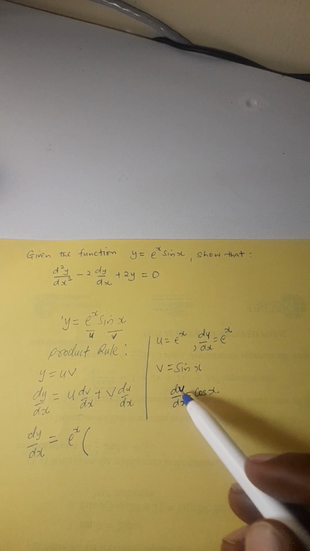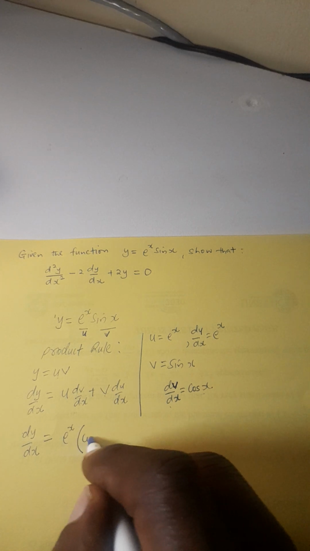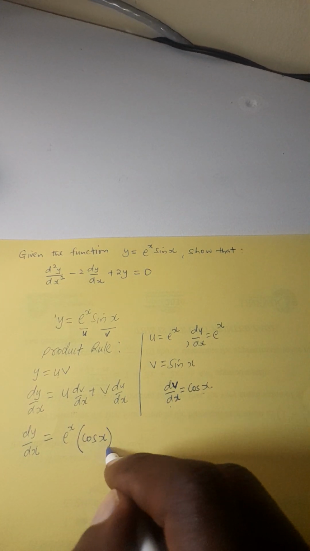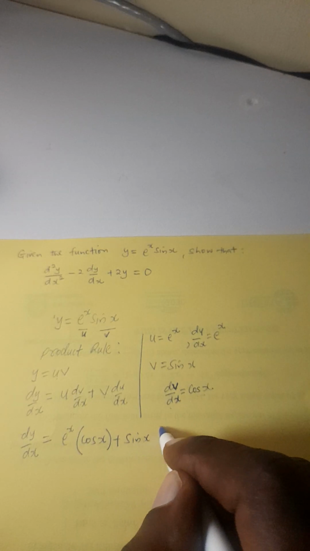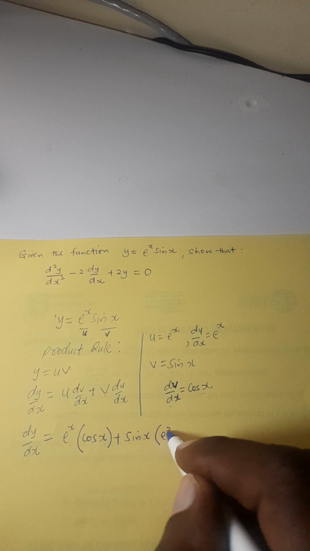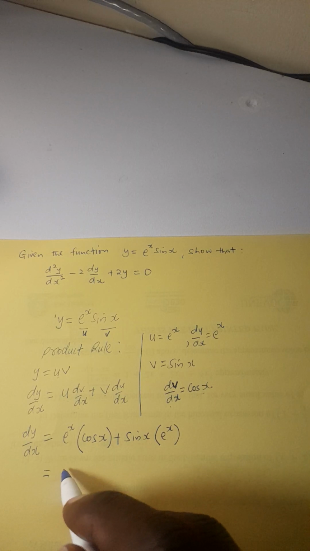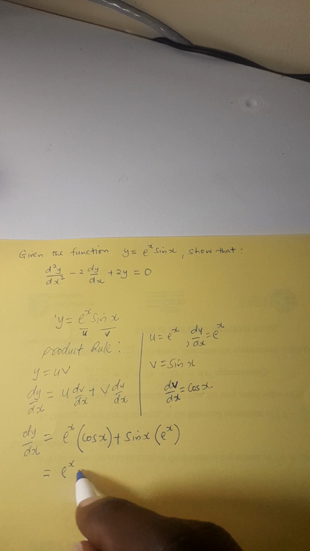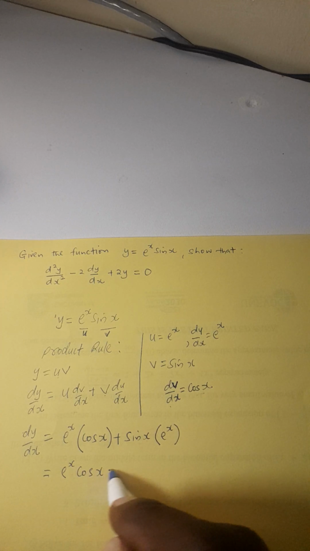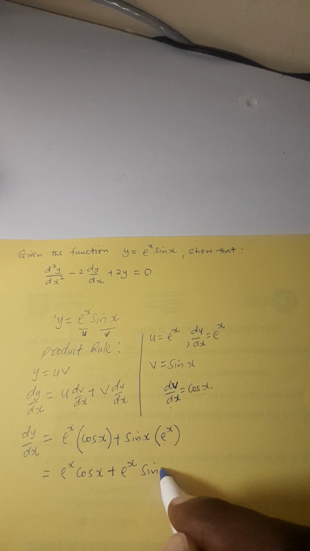So we are now going to replace each part inside here. u dv dx will be e^x times cos x plus v, which is sin x, times e raised to x. Opening up the bracket, we'll have e^x cos x plus e^x sin x.